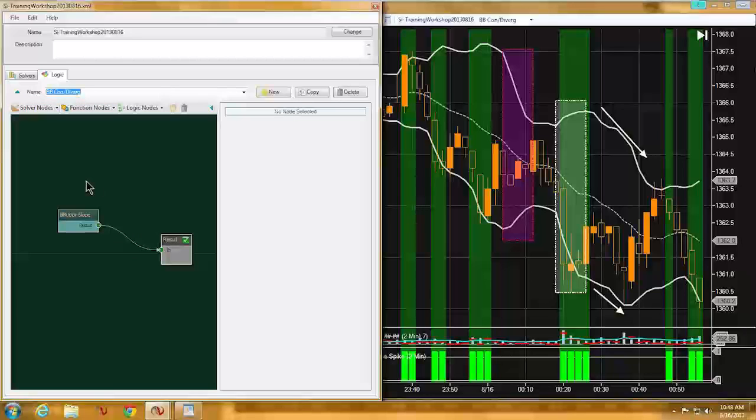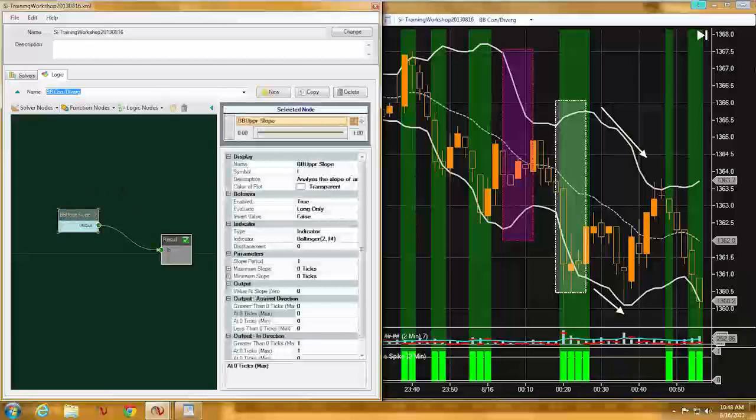Because what I'm thinking about is, this divergence doesn't tell you whether price is going short or whether price is going long.